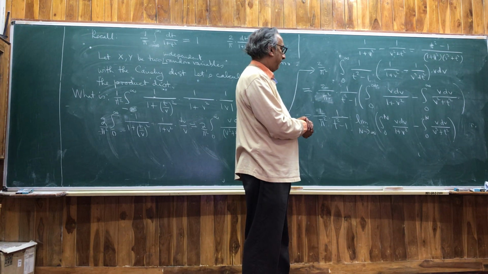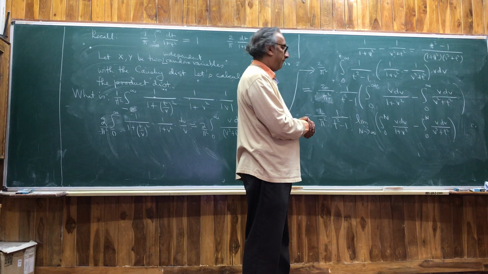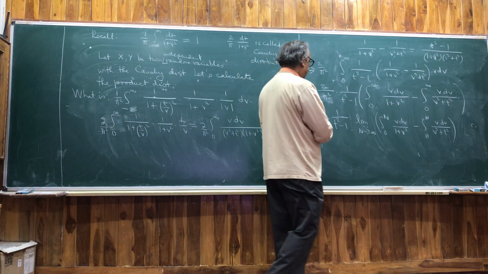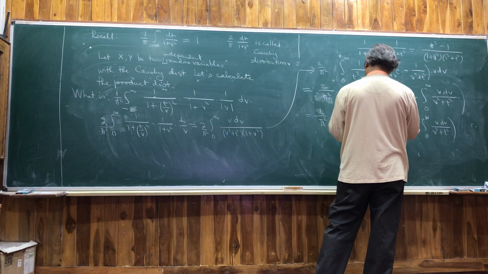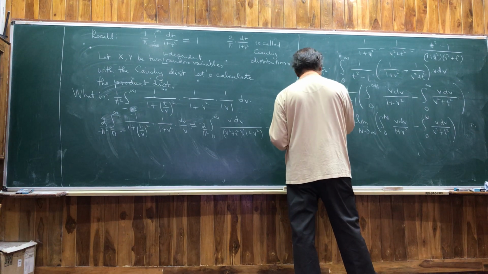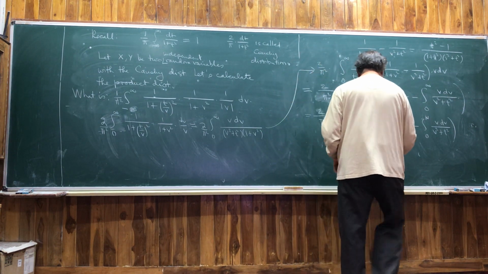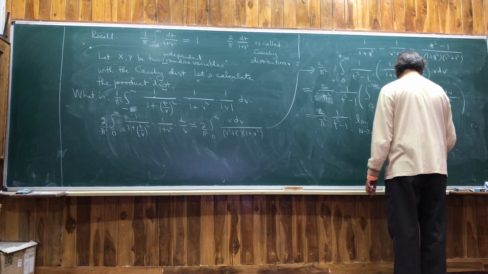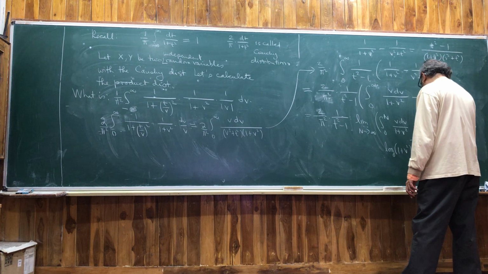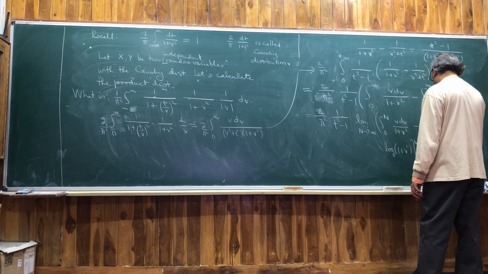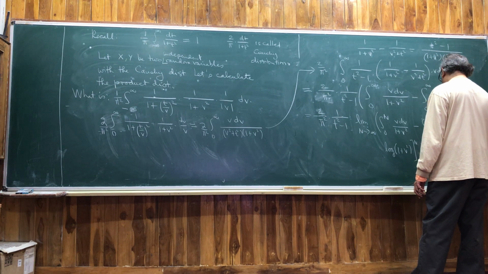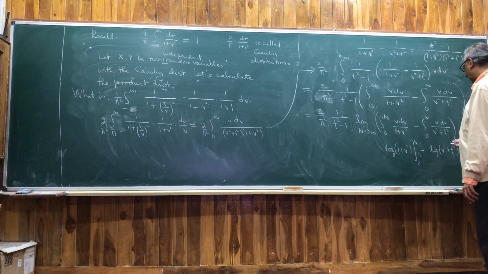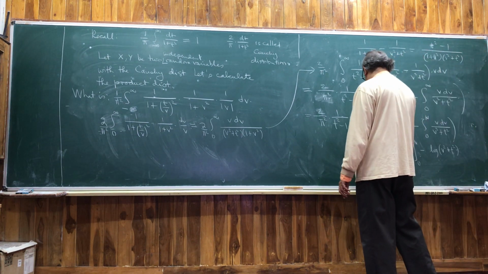I want to write log of 1 plus v squared from 0 to n, minus log of v squared plus t squared, and it'll be a 2v, so it'll be a half. Is that fair enough?